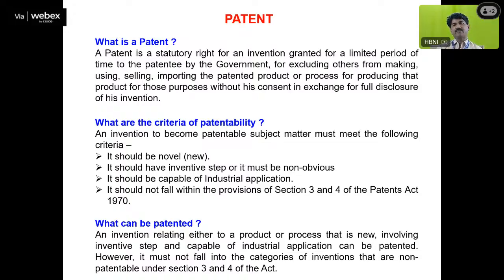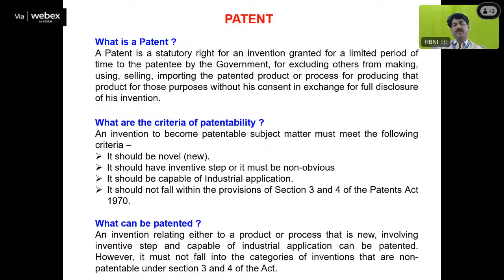If somebody has invented something, that can go for patenting. The person who has the invention is known as the patentee, because that person has gone for the patent. So the government issues the patent authorization so that others will not be able to sell that product.